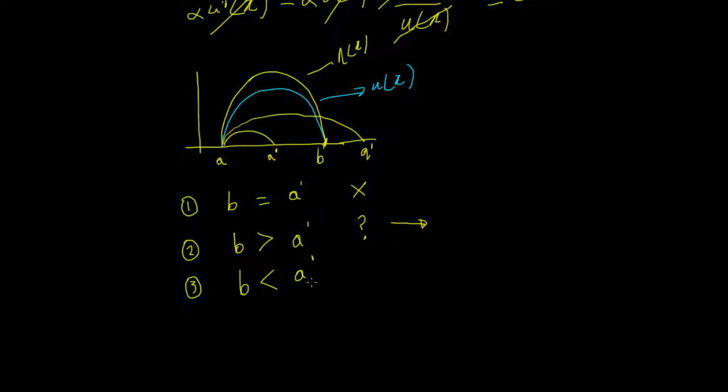Now the third option is that B is less than A dash, the conjugate. In that case, this is this one here, so it means that we could potentially have a value for u of x which is a constant difference from our value of eta of x over the interval AB.